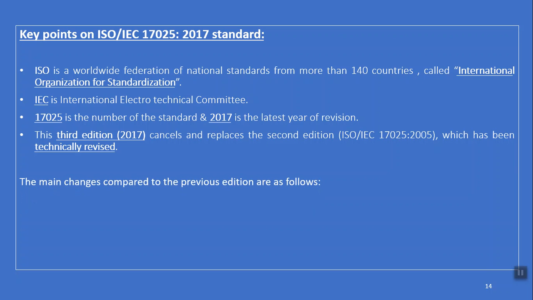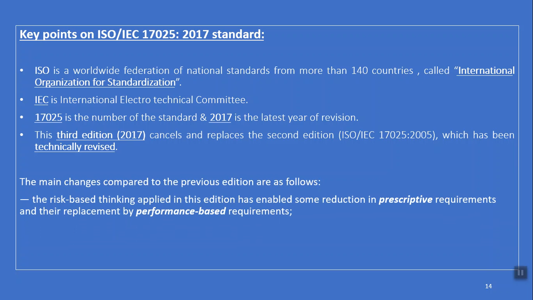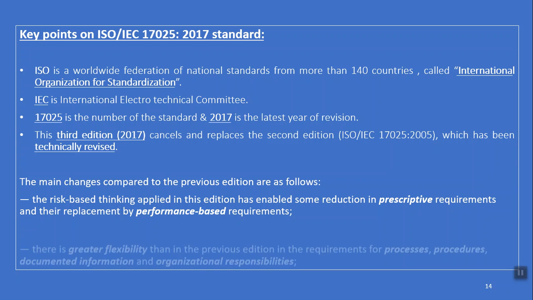What are the main changes here? The risk-based thinking applied in this edition has enabled some reduction in prescriptive requirements and their replacement by performance-based requirements. So the basic use of risk-based thinking is the reduction in prescriptive requirements, that is, some kind of documentation only, and rather those are now replaced by performance-based requirements, which are actual technical requirements.